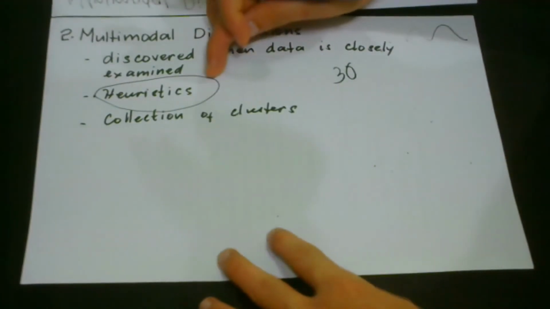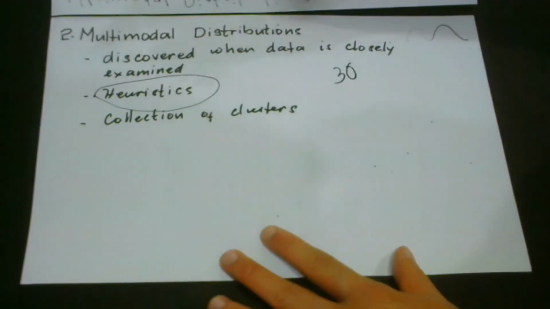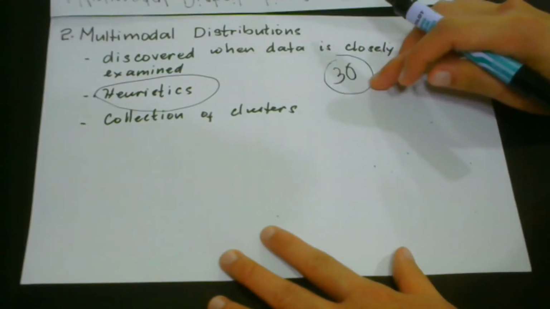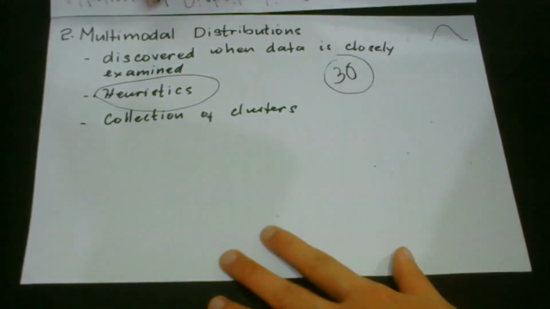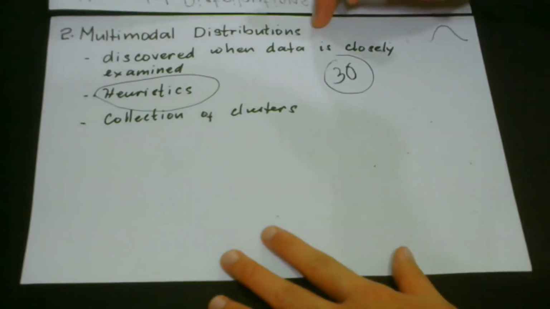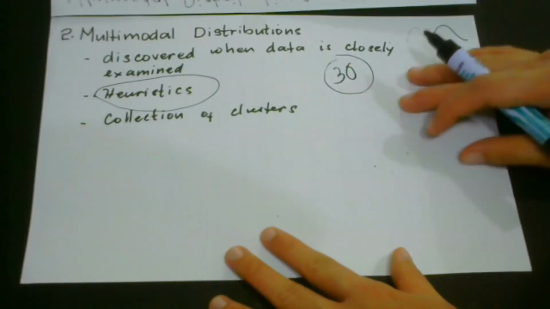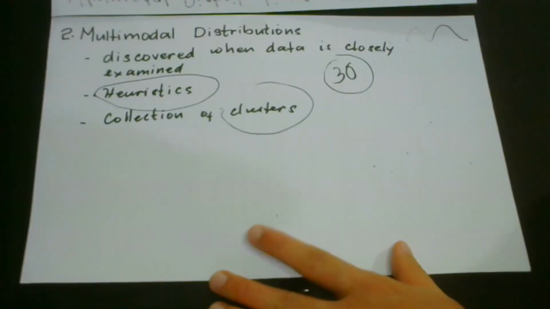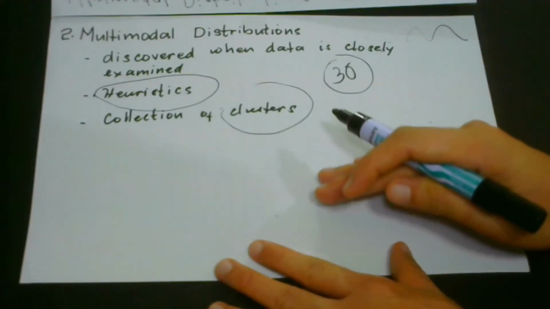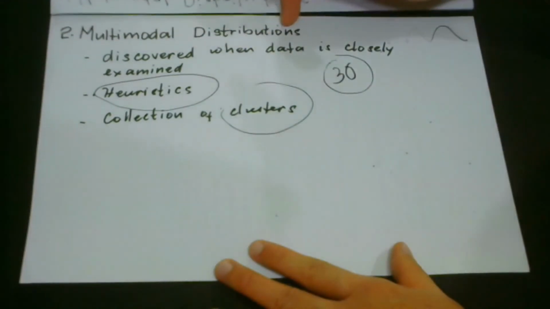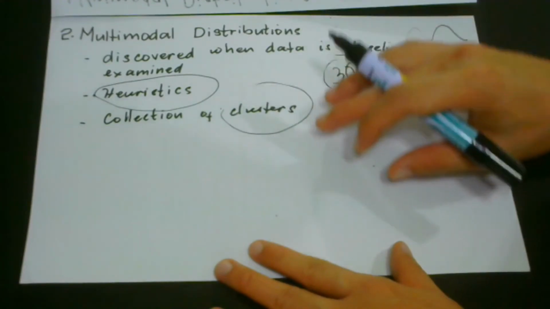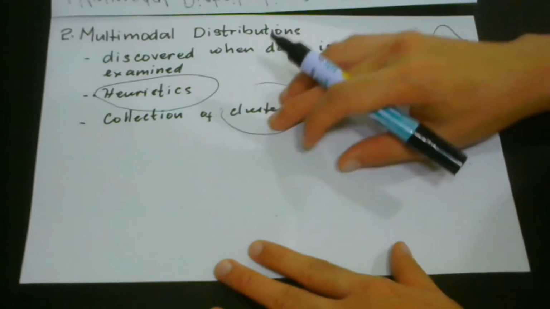But in this case, because it's heuristics, this kind of technique will not give us the proper solution to a multimodal distribution. So what we have to do is understand the clusters of our data points, because as far as multimodal distribution is concerned, it is always better to think that our data consists of a lot of clusters of data.